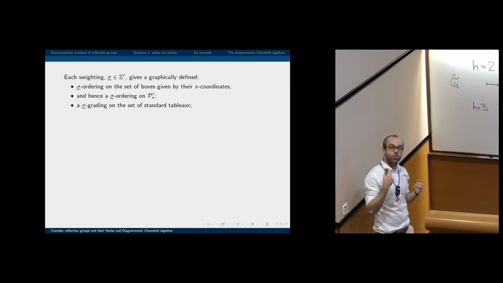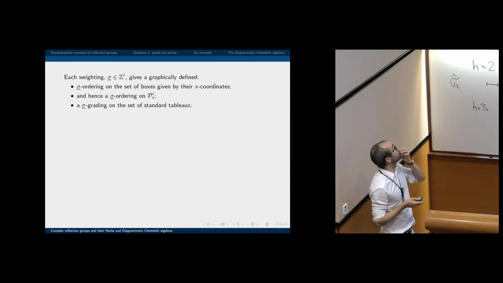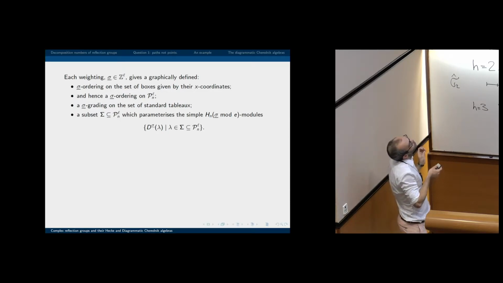So as I add the boxes, the multipartitions have a different grading depending on the x-coordinate. And finally, this is a theorem of Ariki over the complex numbers. We get a subset, once you reinterpret the combinatorics, which parameterizes the simple modules of this algebra. And we're going to have to keep track of this sigma so that it doesn't get away from us.